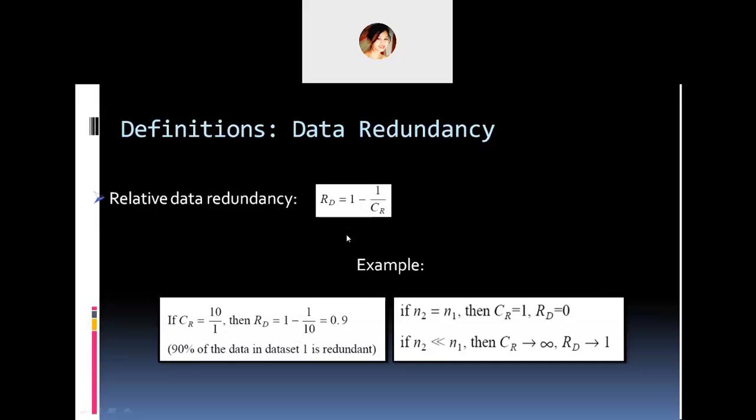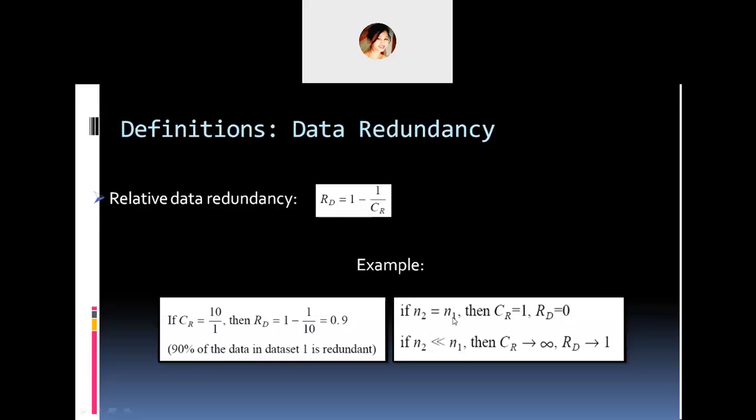Relative data redundancy is 1 minus 1 by CR, that is 1 minus 1 by 10, which equals 0.9. So from here you can make out that 90% of the data in the data set is useful, and only 10% is redundant.